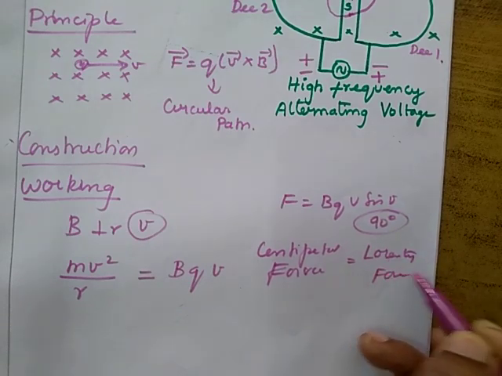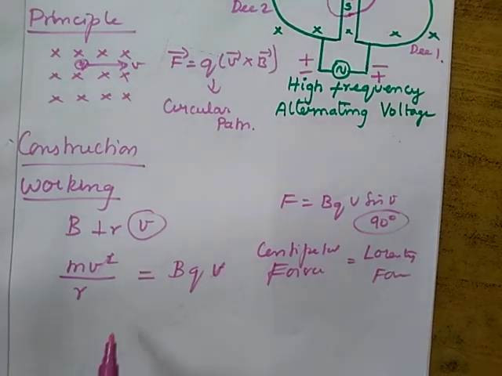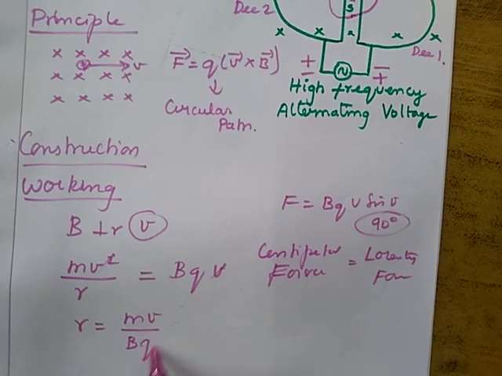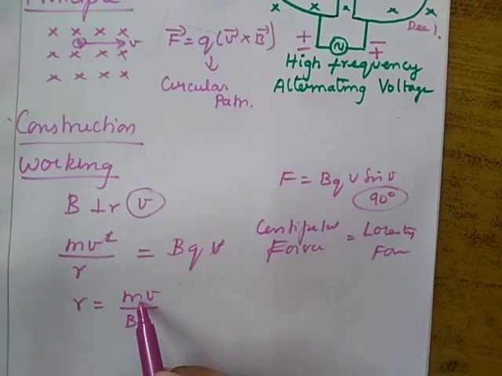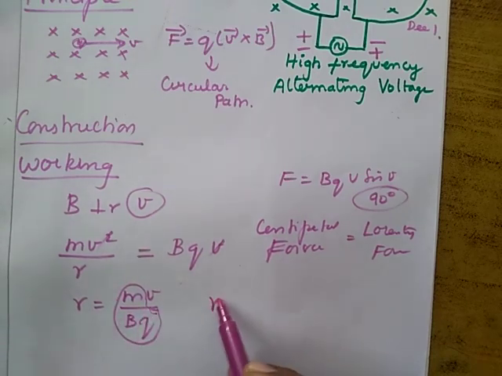Solving this we get r equals mv by Bq. Here m is the mass of the positive ion, B is the magnetic field, and q is the charge. These are constant. So the radius is directly proportional to velocity.